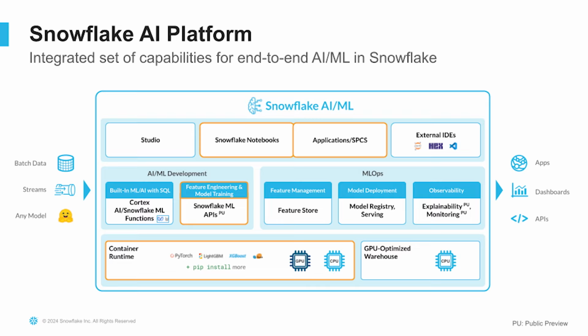And they fit really neatly into this section on the slide called AI Development Toolkit. We see on the left-hand side, Cortex AI/ML functions, where Llama models sit perfectly in the stack.